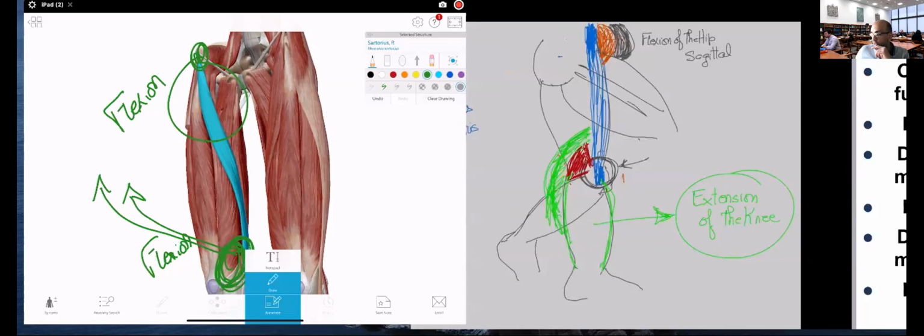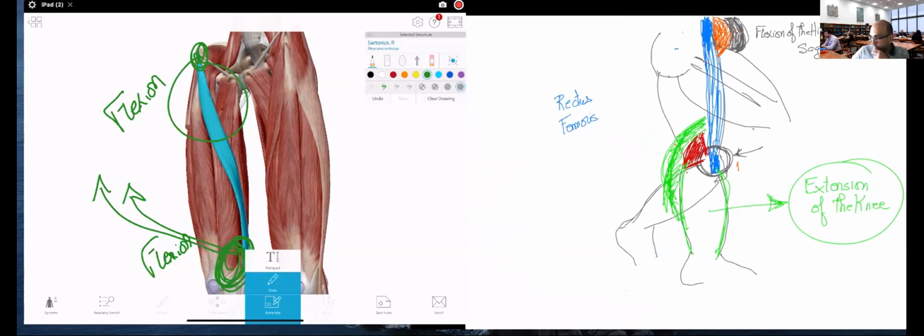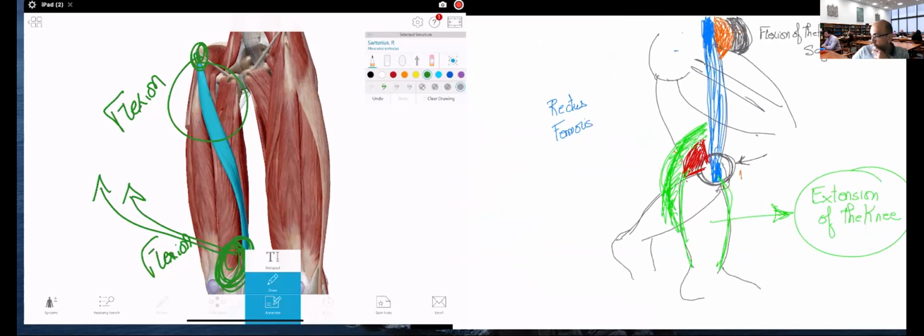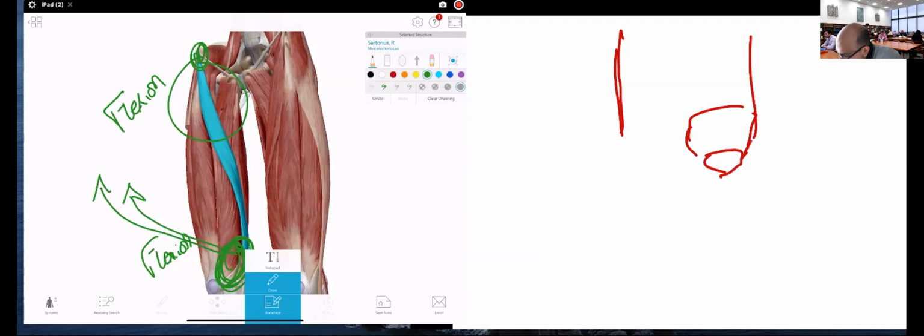That's why we call it the carpenter's muscle. You see on here, this is a person sitting like this. This is a thigh, knee like this.